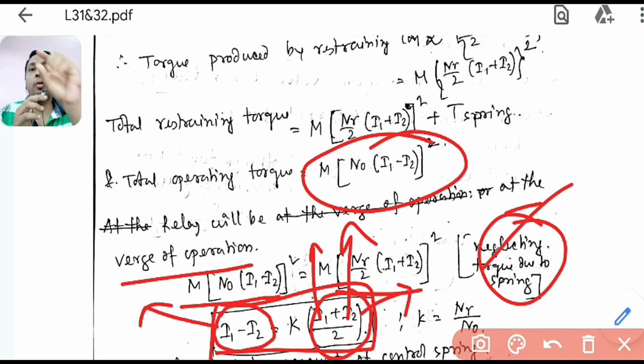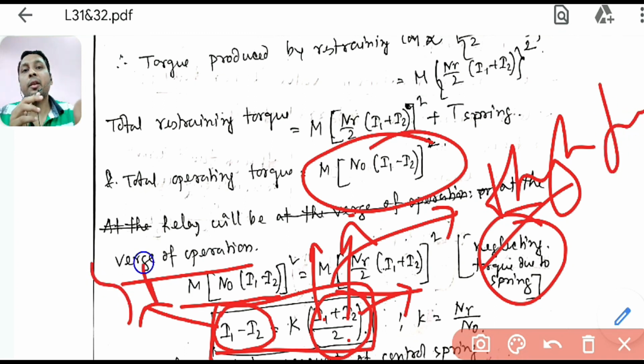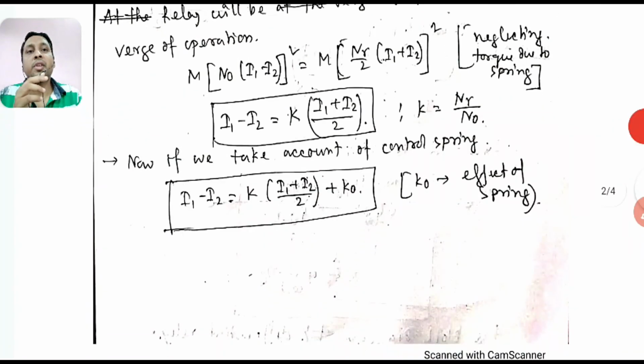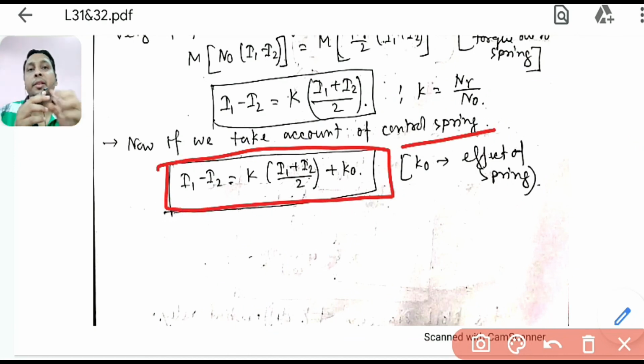With an external fault, I1 will measure the external fault and I2 will also take care of that. So IF plus IF divided by 2 is IF. So this portion you can say is the through fault current, and this is the spill current. So you can think of these two different sets of currents: one in the operating coil, and one in the restraining coil. Now you can bring the control spring back, so the complete equation will look like this.